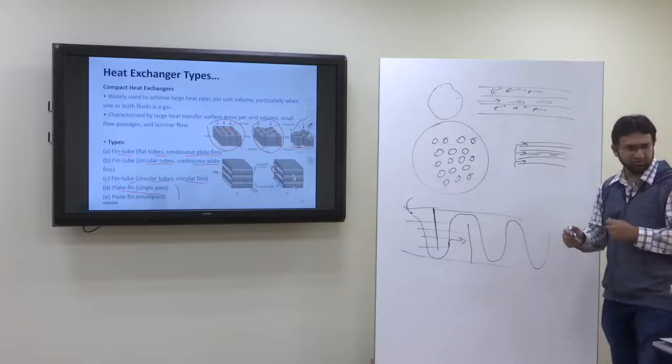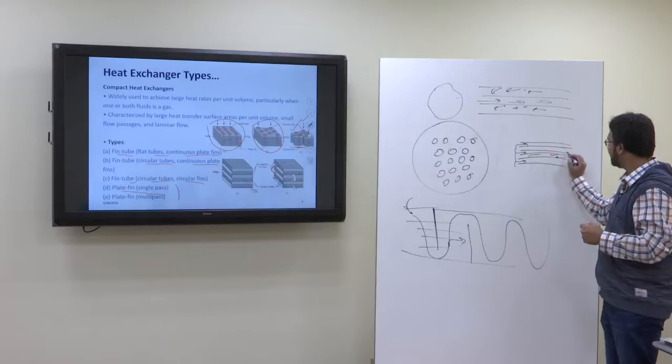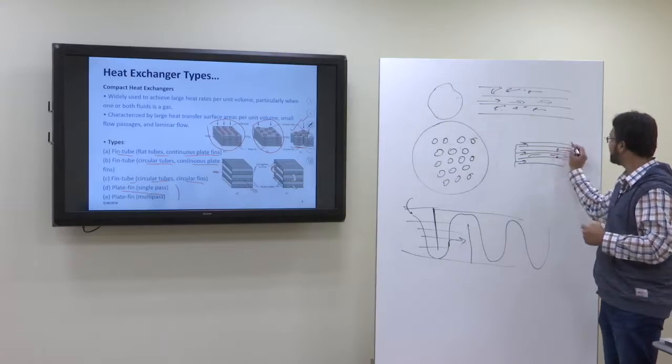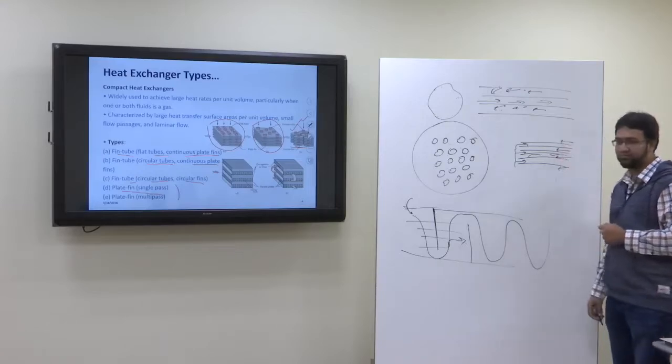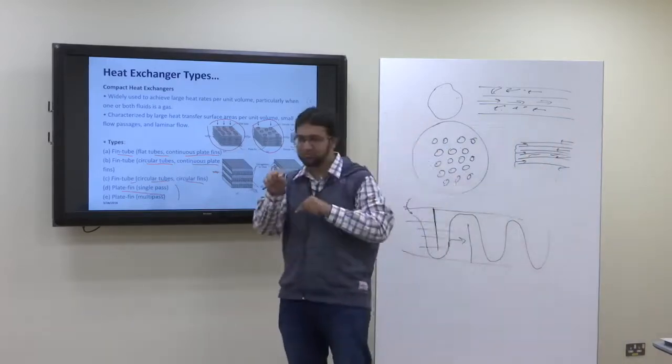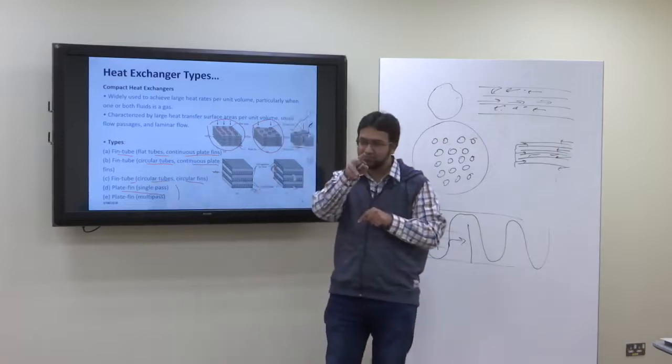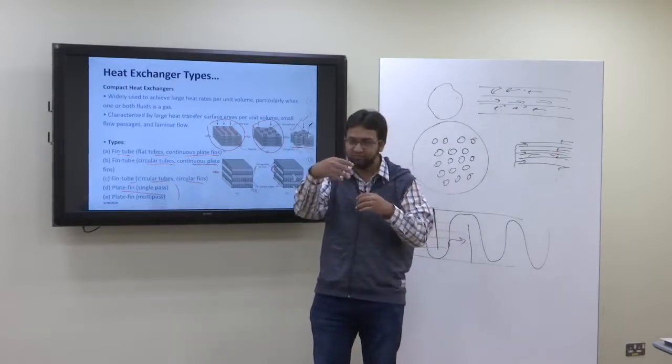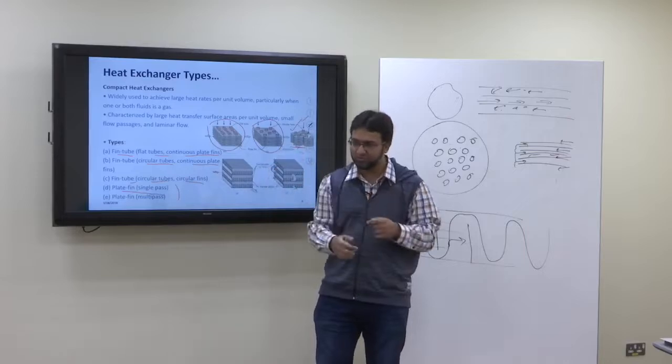Or you can make counter flow as well. If it is counter flow, the other fluid will pass through like this, right? So you have many plates, and between alternating plates you have one type of fluid, and between the other alternating plates you have the other type of fluid.